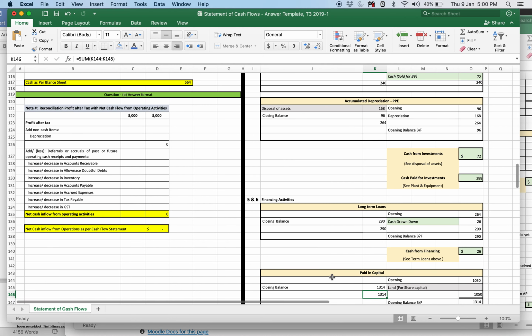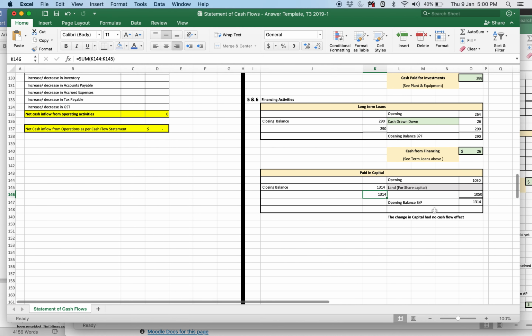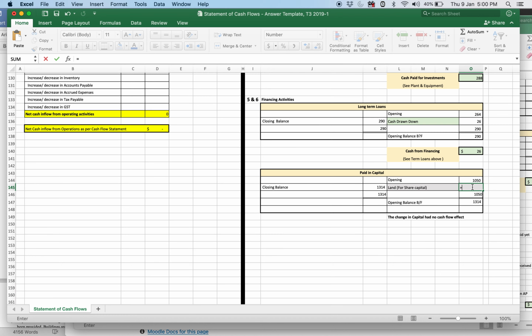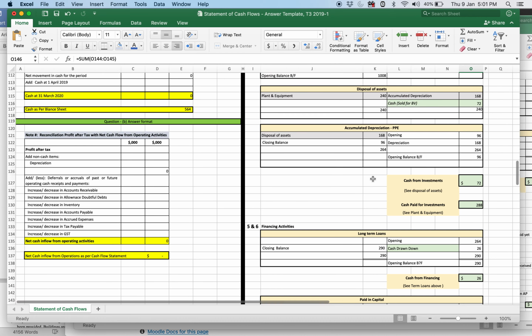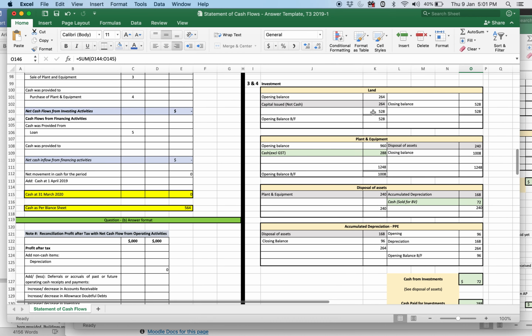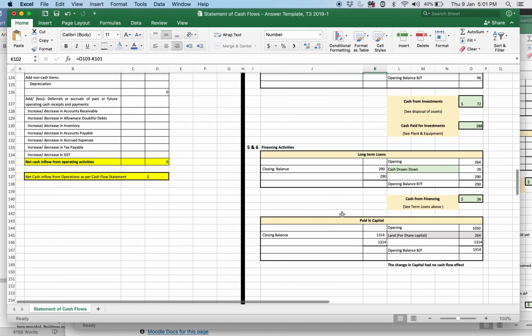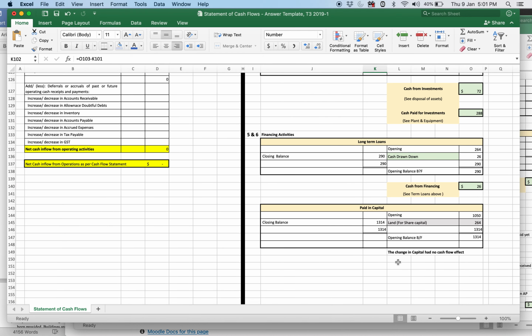It's gone up by this figure because we issued some capital for some land, and it should equal 264, what we paid for that land up here. So that's cool. The change in capital is no cash flow effect, so there's nothing to record there.